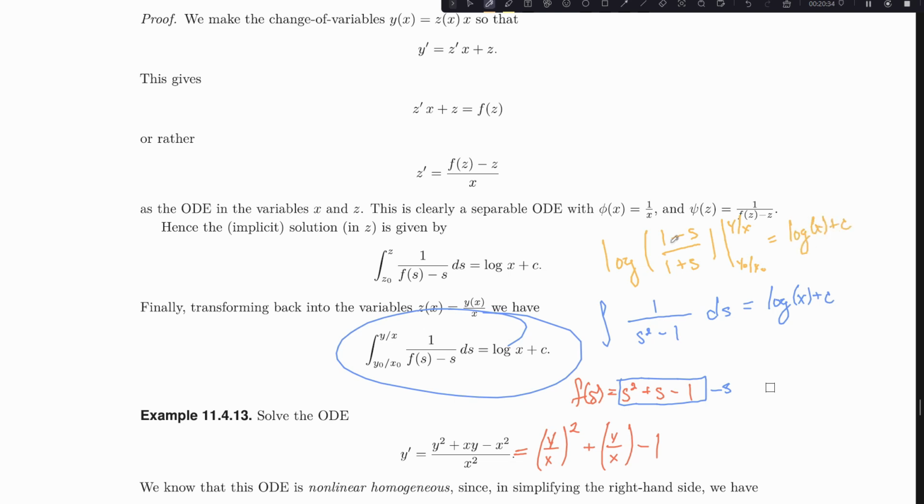Now, notably, if I exponentiate both sides there, what I'm going to end up with is 1 minus s over 1 plus s evaluated at my bounds equals cx.